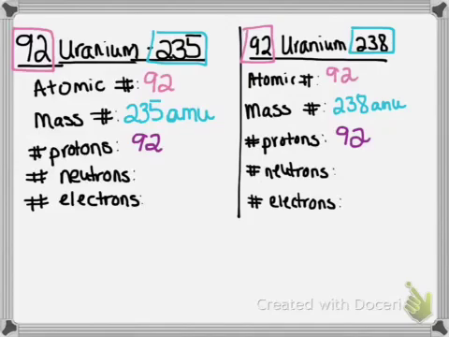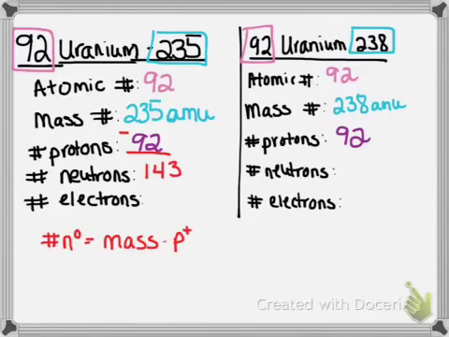Number of neutrons, however, remember, your number of neutrons is equal to your mass minus the number of protons. And so if we're going to do the mass, 235, minus 92 for uranium-235, then our number of neutrons is going to be equal to 143.